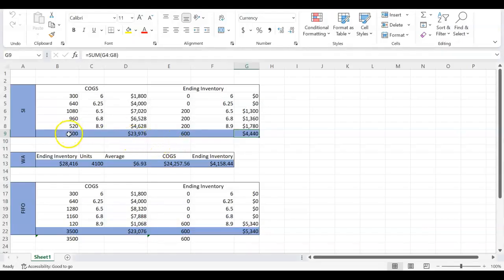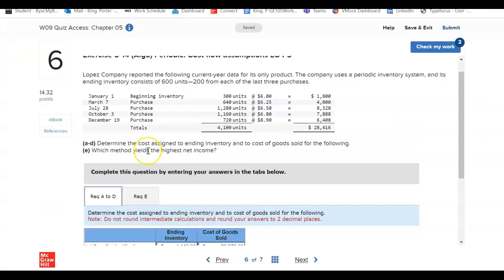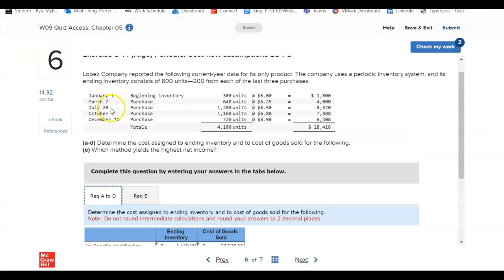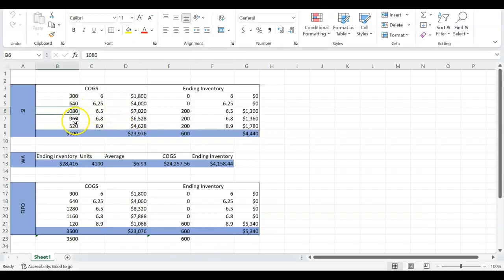So we came back here, put 3,500 in here, and then had to calculate that up according to the 200 taken out of the July 28th purchase, as well as the October 3rd and the December 19th purchases.